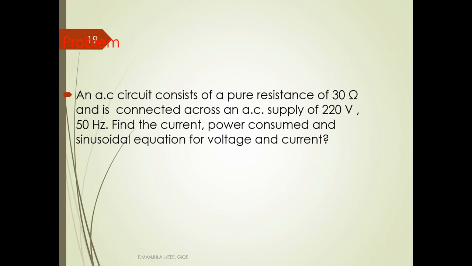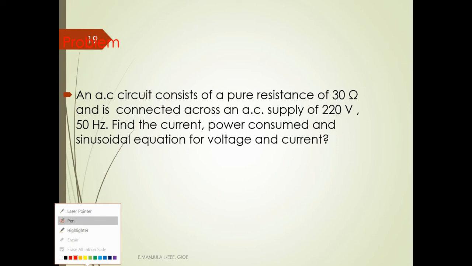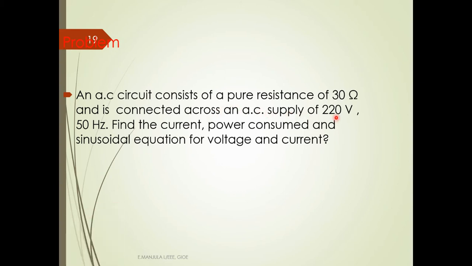We will go through one problem so that we can understand this resistive circuit better. An AC circuit consisting of a pure resistance of 30 ohms is connected across an AC supply of 220 volts, 50 hertz.